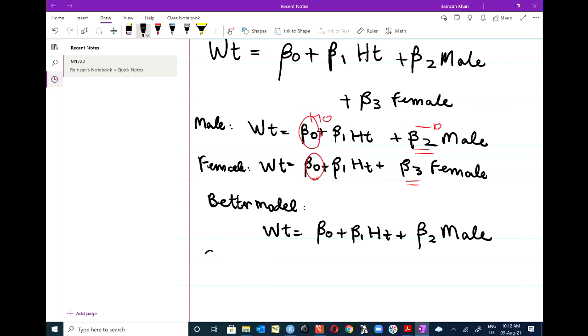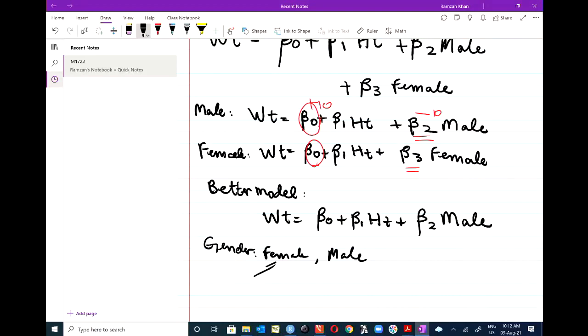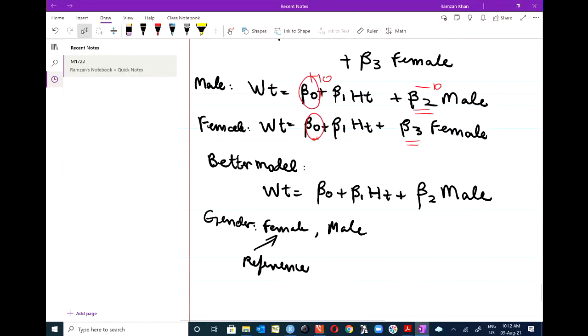So gender has male and female. And as I say, because it all works by default in alphabetical order, it will take the female as a reference level and compare male to that.